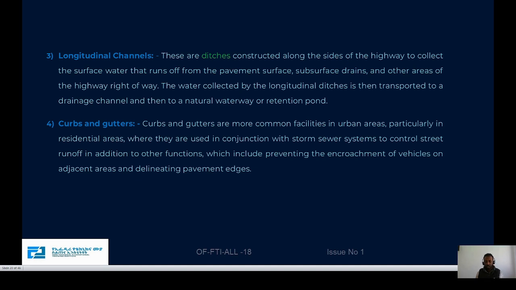The water collected by longitudinal ditches is then transported to the drainage channels, and then to the natural waterways, which is also very important.